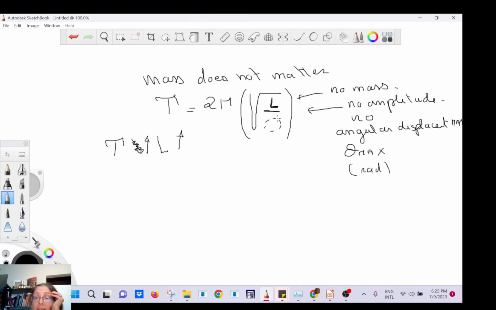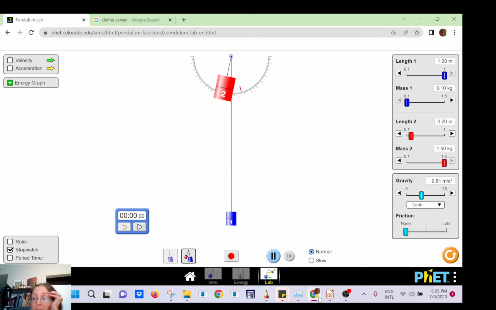So I'm missing something. It's not the mass, it's not the amplitude, something else is there. Can you see something else I can change? There is no friction. I can change gravity. So this is on Earth, obviously. But if I increase gravity, you see the period is going to increase by a lot, right? I don't need to do the stopwatch.